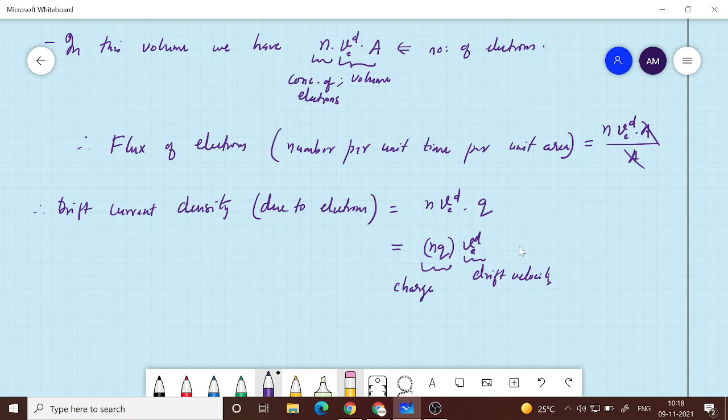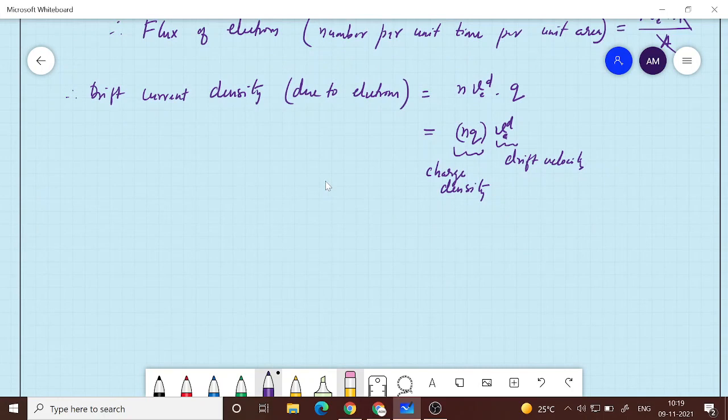Concentration is also called number density, that means number of particles per unit volume, and this is basically charge density, coulomb per unit volume, which is sometimes denoted with rho, but I am not using rho here. Let's keep it like this: n q V_d.